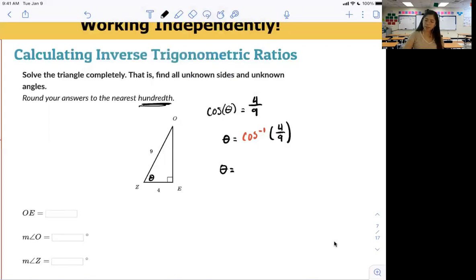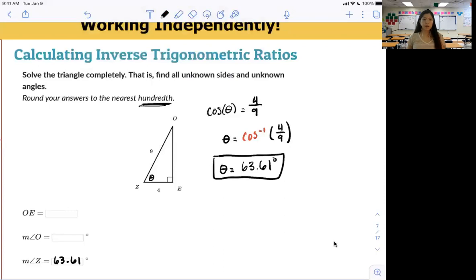Is anybody getting a different answer, or would anyone like me to explain how you get 63.61? Okay. So the measure of angle Z is 63.61 degrees. But I'm still missing a few bits of information.